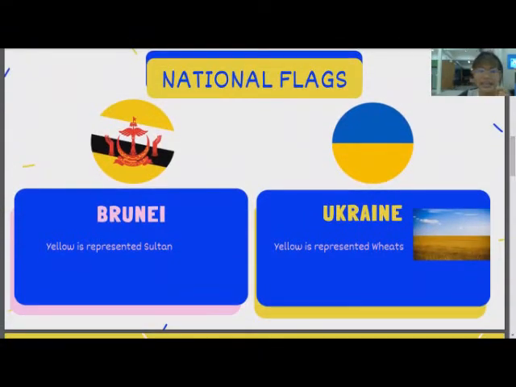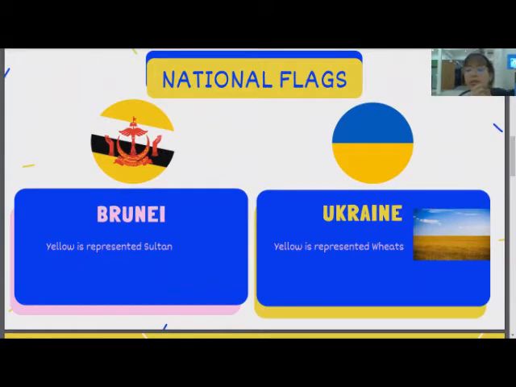For national flags, the first countries are Brunei and Ukraine. For Brunei, the color represents silicon, and it is a symbol of loyalty.